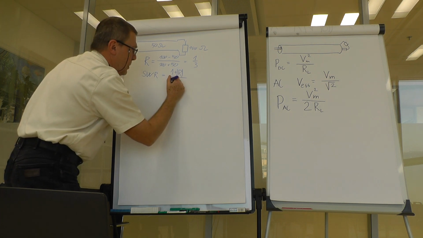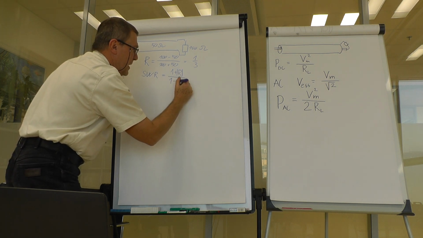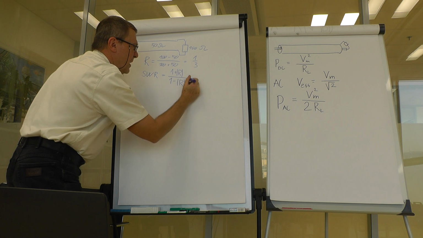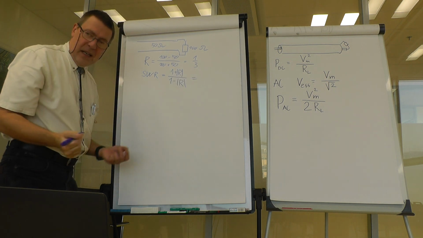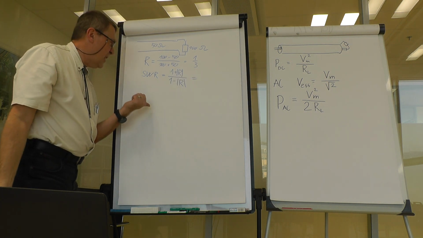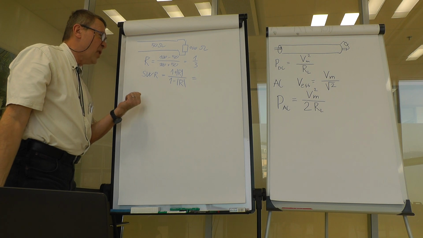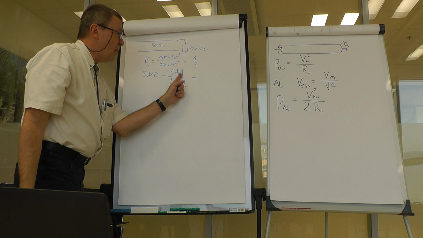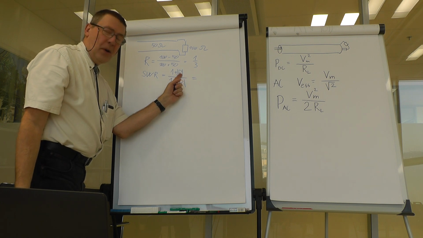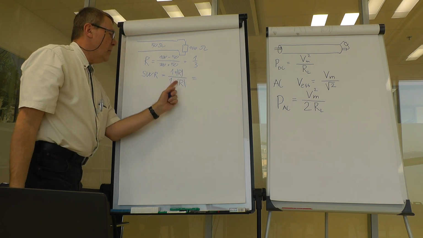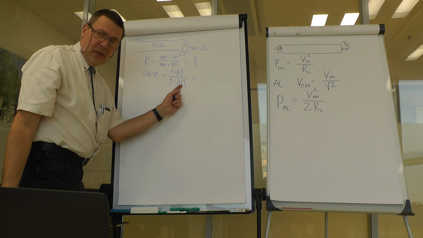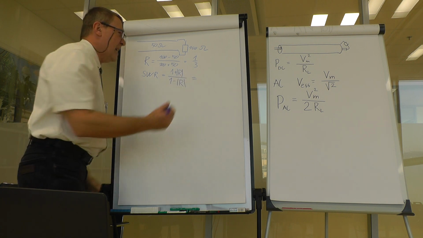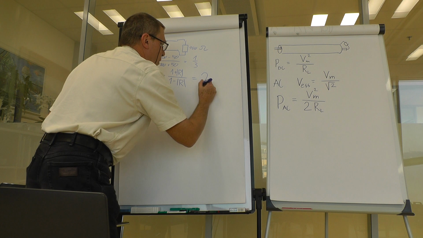So the denominator would be 1 minus R, which gives you the equation for the standing wave ratio for our case, which is 1 plus 1/3, that is 4/3, over 1 minus 1/3, that is 2/3, which is the standing wave ratio of 2.